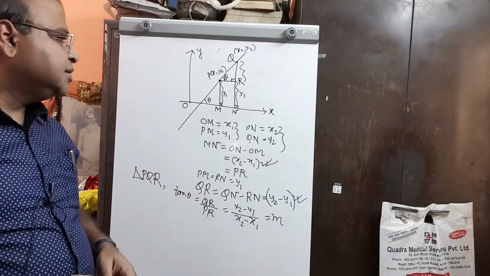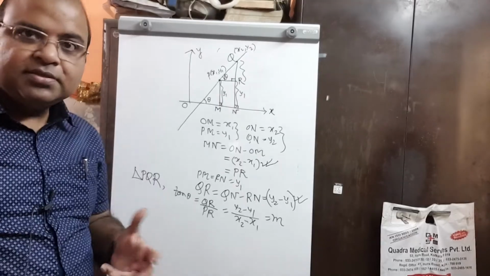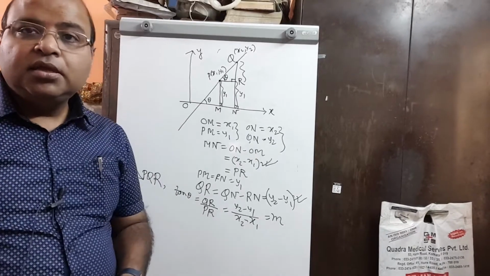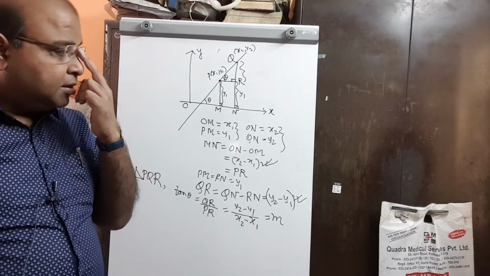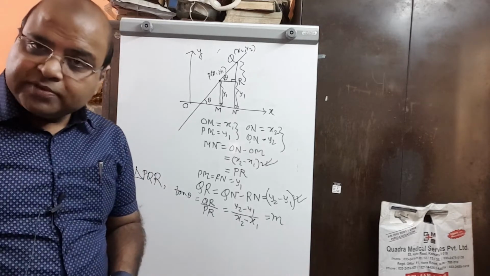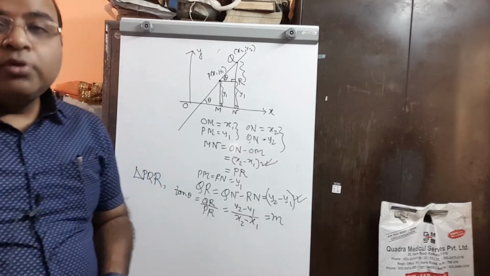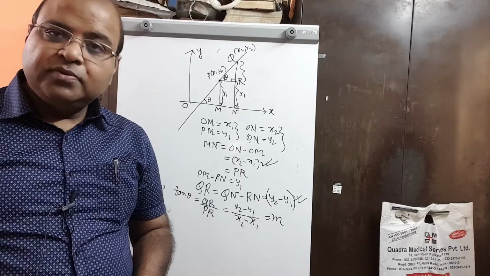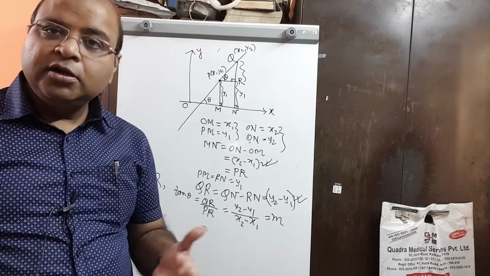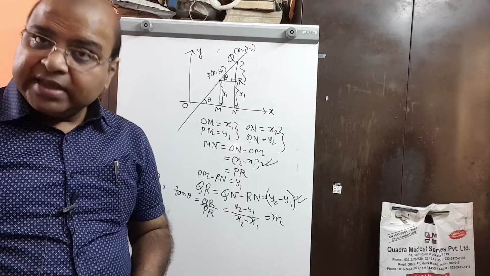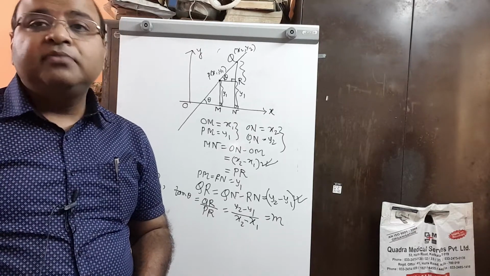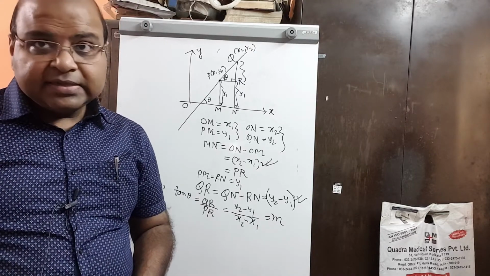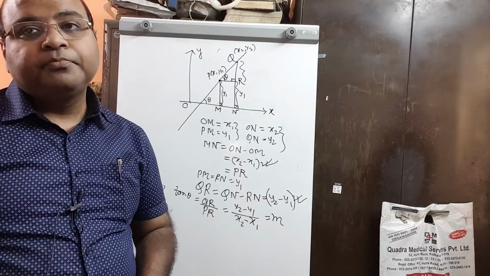If I recapitulate our discussion, so far we have discussed the concept of a straight line in 2 dimensions, the concept of angle of inclination of a straight line, and the concept of slope of a straight line. We have also discussed the slopes of certain straight lines. For lines parallel to x-axis, their slopes are 0. For lines parallel to y-axis, their slopes cannot be found.